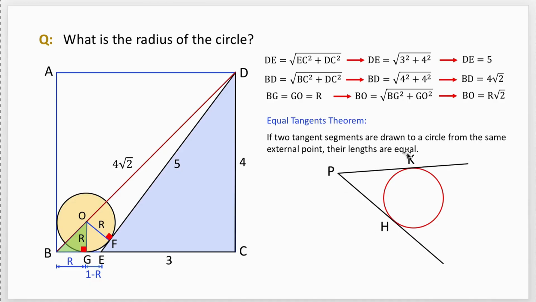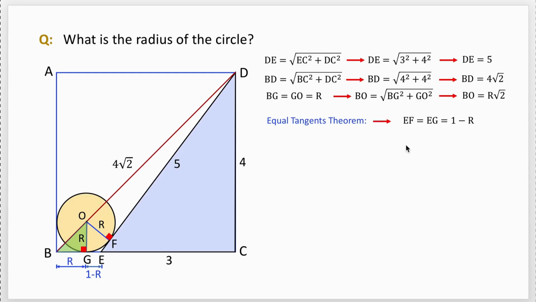We use this theorem to find that EF is equal to EG, which is 1 minus r. On the other hand, FD is 5 minus EF. And since EF is 1 minus r, FD becomes 4 plus r.